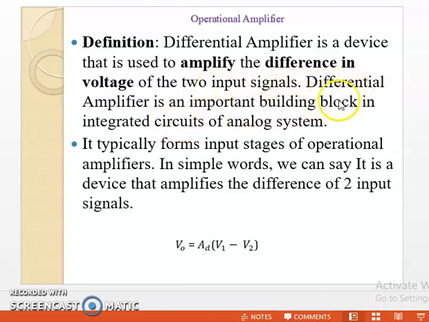It is an important building block in integrated circuits of analog systems. It typically forms the input stage of operational amplifiers. In simple words, it is a device that amplifies the difference of two input signals.